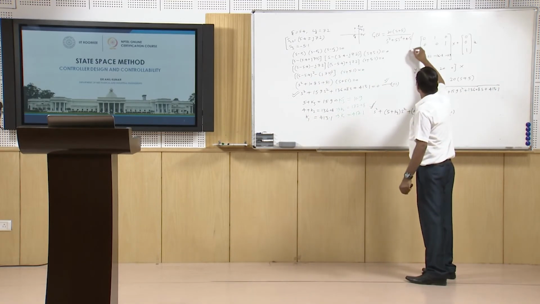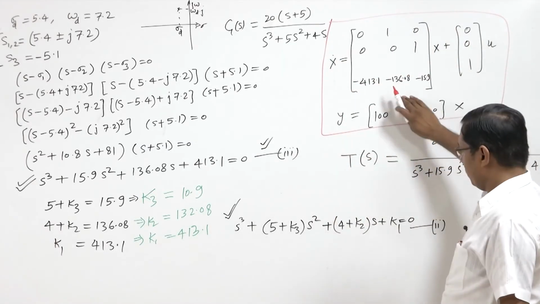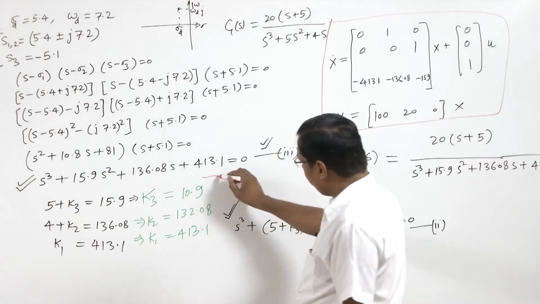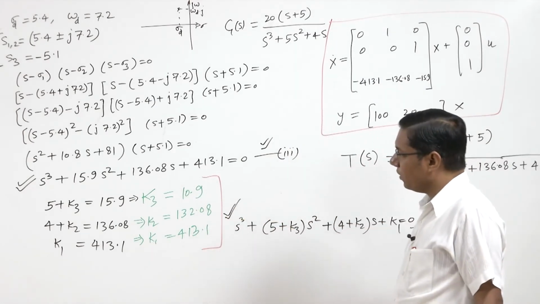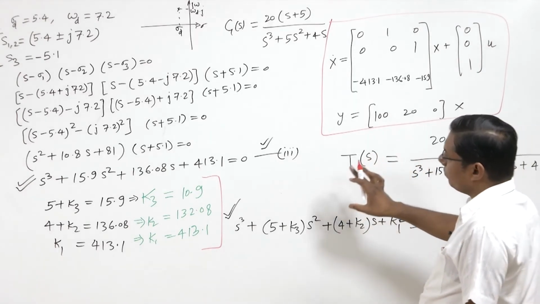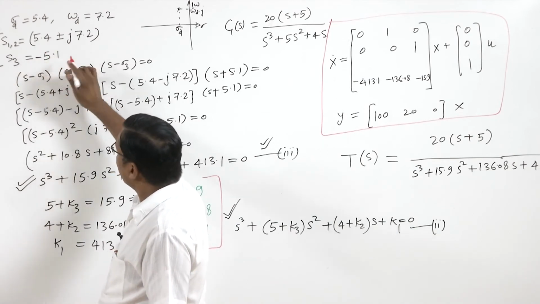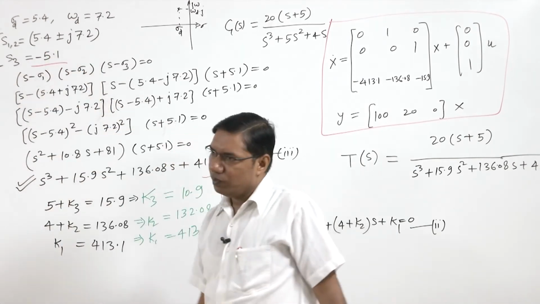So this is in the state space, we have obtained this system, and we have obtained the values of feedback gains, that will be feedback, and they will put all the 3 poles at desired location. So here we have taken this third pole at minus 5.1.